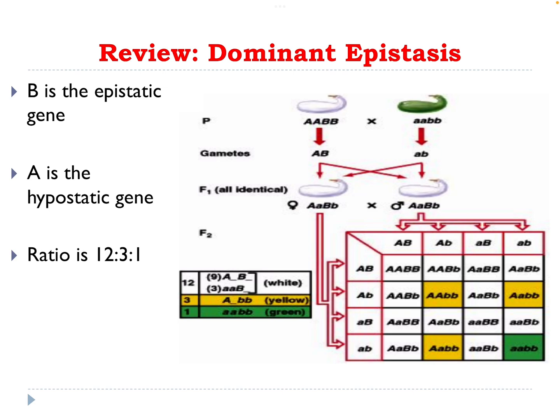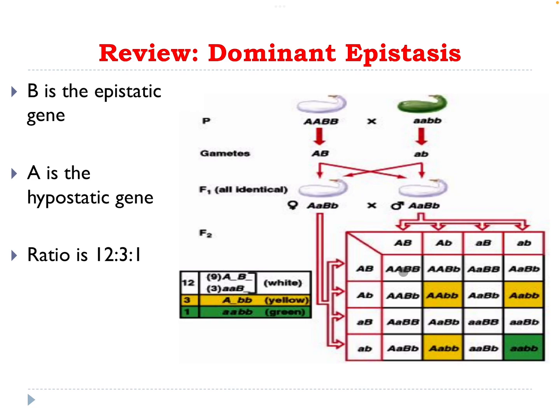So an example here is when B is the epistatic gene and A is the hypostatic gene. We will have a ratio of 12:3:1 if heterozygous parents are crossed with each other. So here, you will have 12 white, 3 yellow, and 1 green.